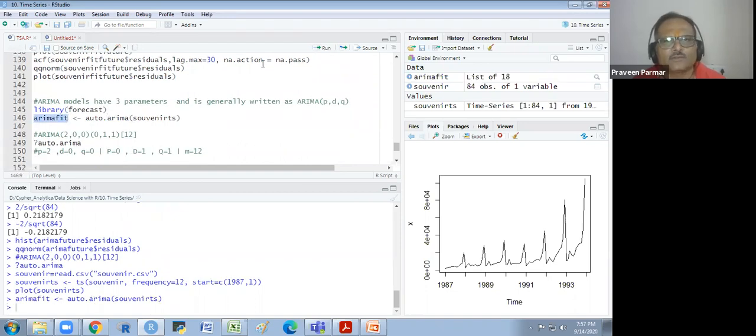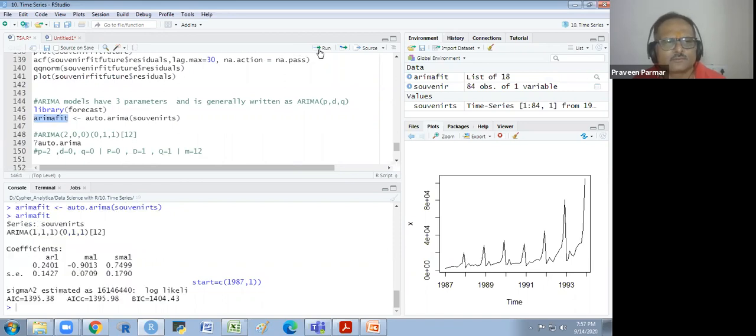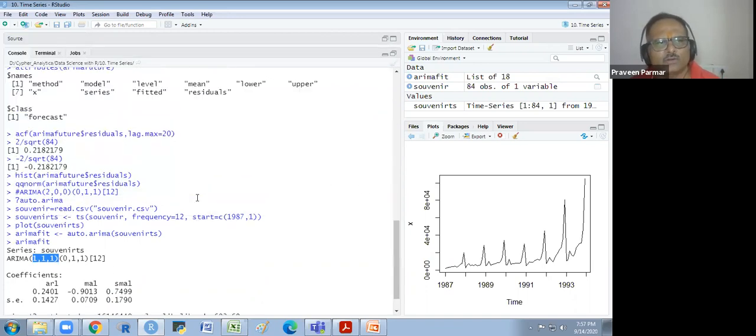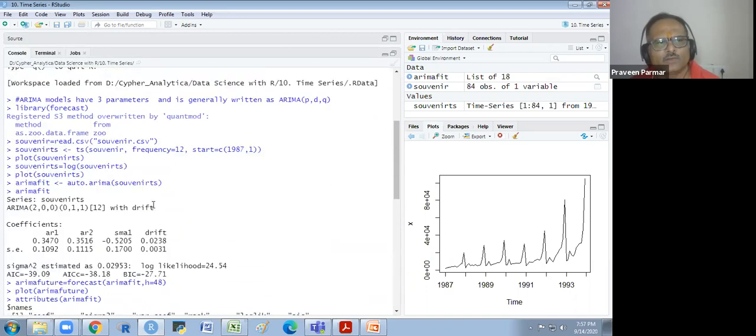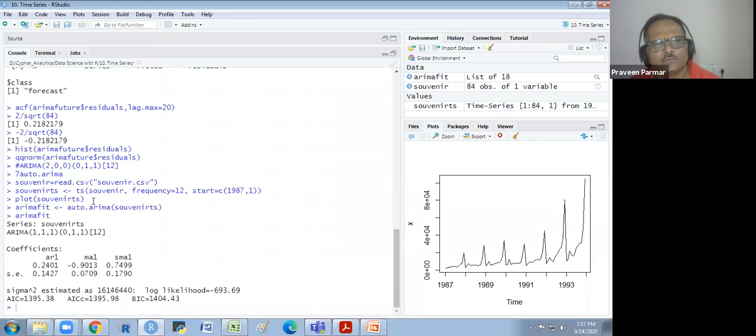Now I see this. Now you see the difference between both the models. Previously what we created was 200. Now it is 111.